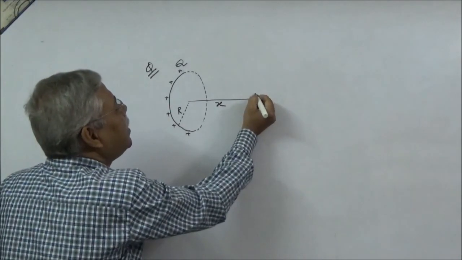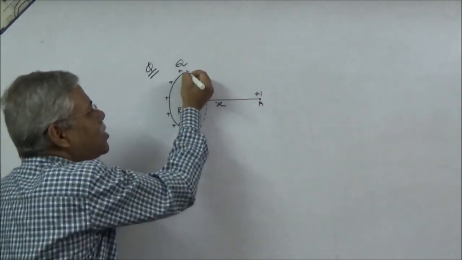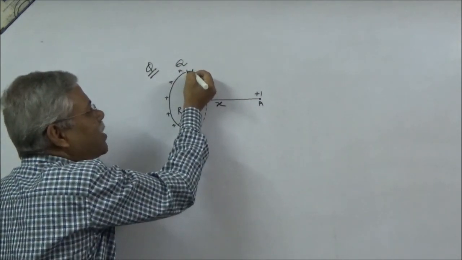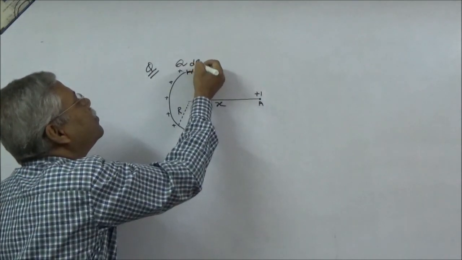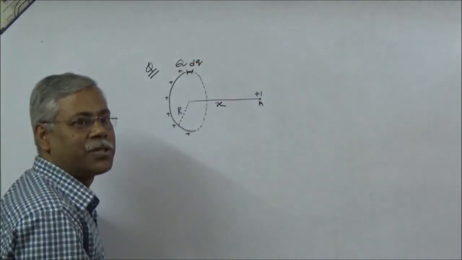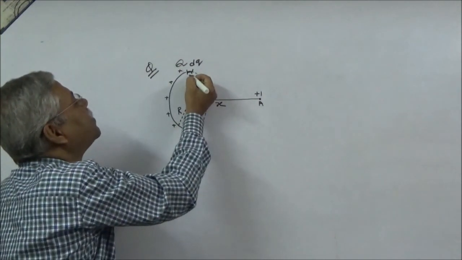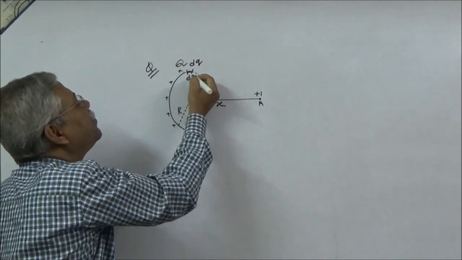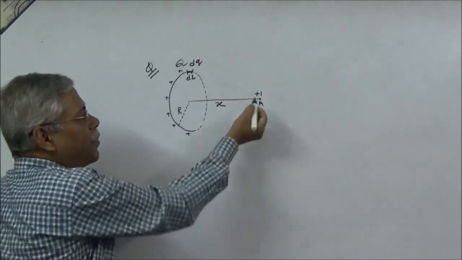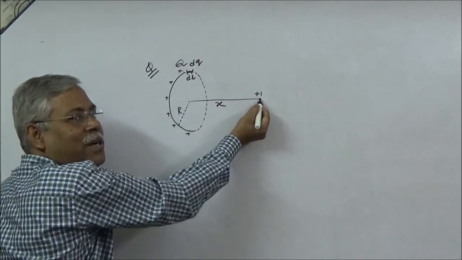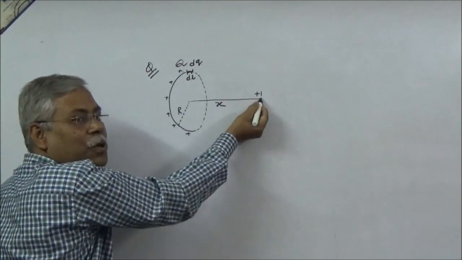Assume a +1 charge here. Consider a very small element having dq amount of charge. Its length is suppose dl. You have already placed a +1 charge here. So this dq is positive, this is also positive.